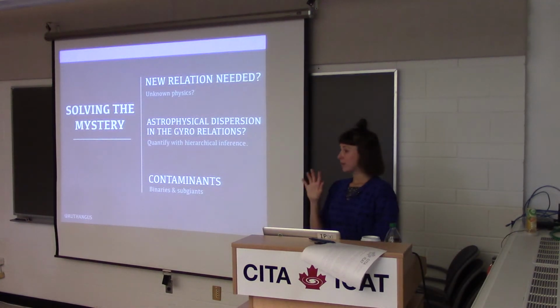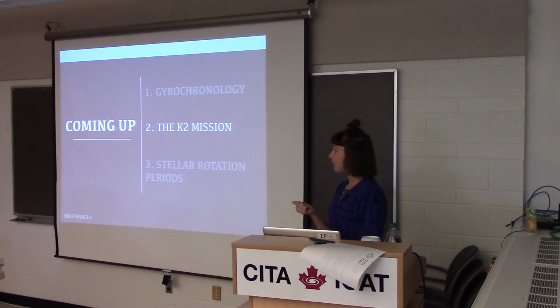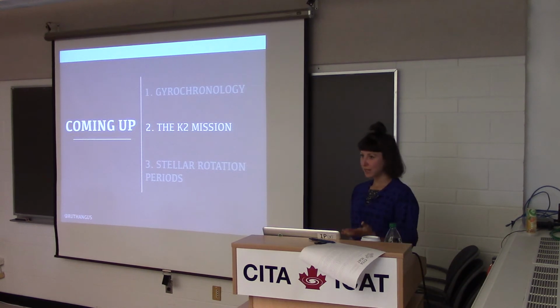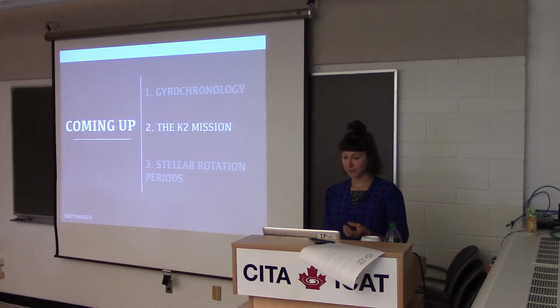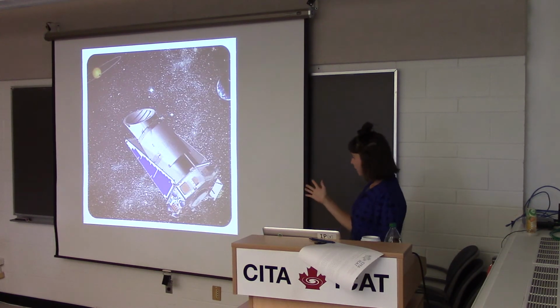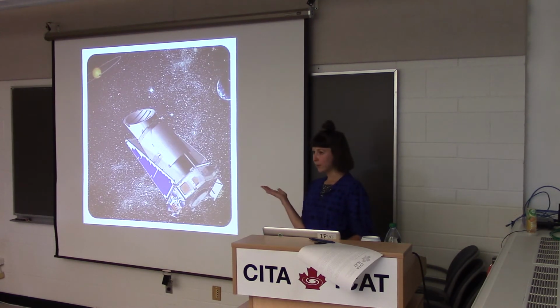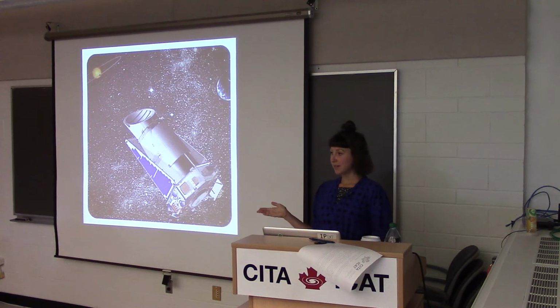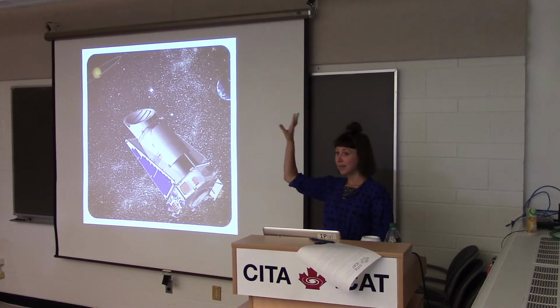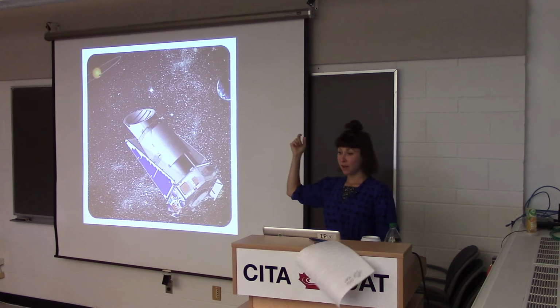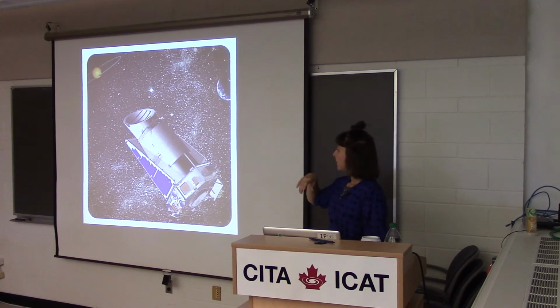Okay, so there is this sort of mystery in the field of gyrochronology, and the K2 mission is going to provide us with some new data that might help resolve this mystery. So I'm going to talk a little bit about the K2 mission now. This is the Kepler spacecraft, which for 4 years, between 2009 and 2013, just pointed at one part of the sky, searching for transiting exoplanets, and also monitoring the brightness of 150,000 stars.